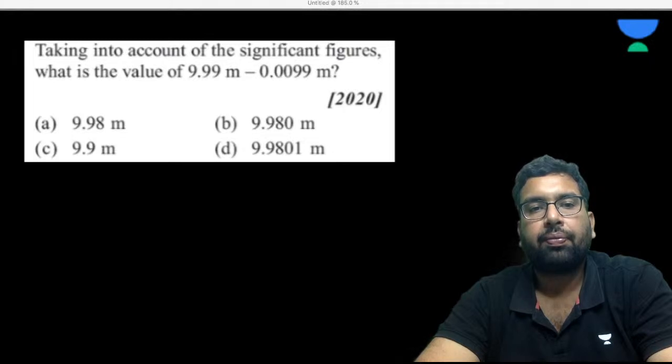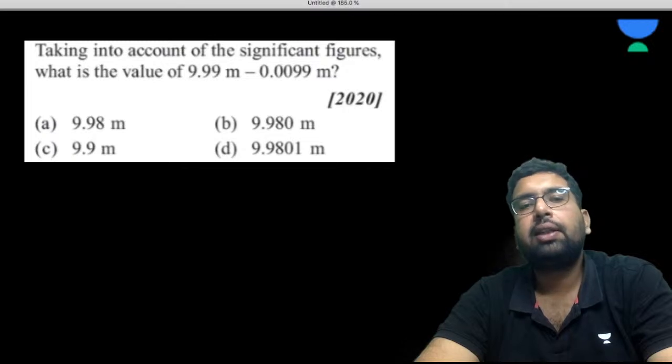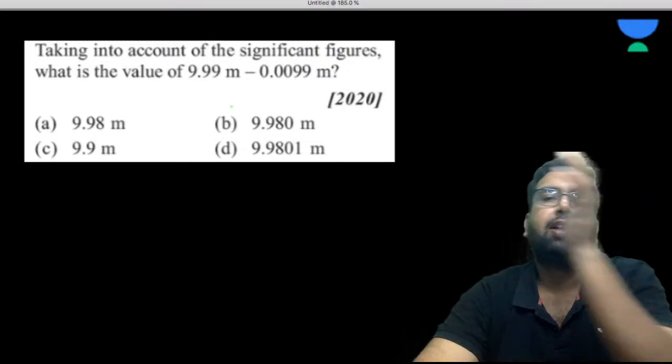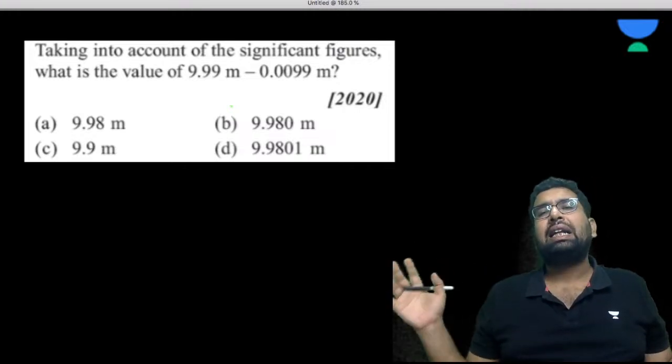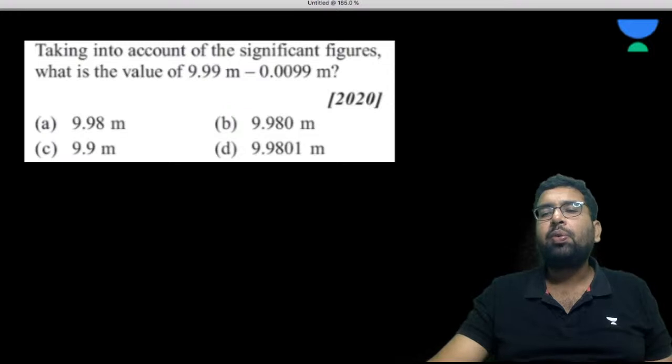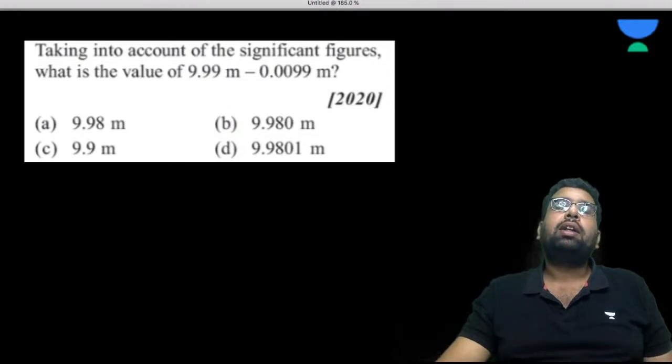Yes, Andrea, what is going to be the calculation? It says taking into account the significant figures. One can start subtracting and waste time, but if you know the rules well, taking into account the significant figures, what is the value of this?